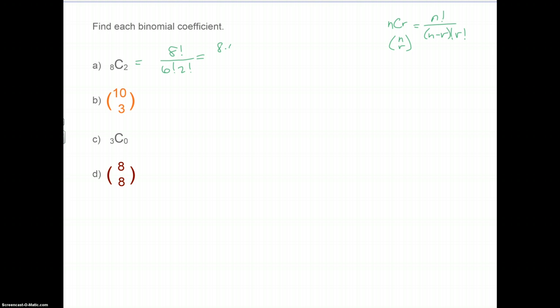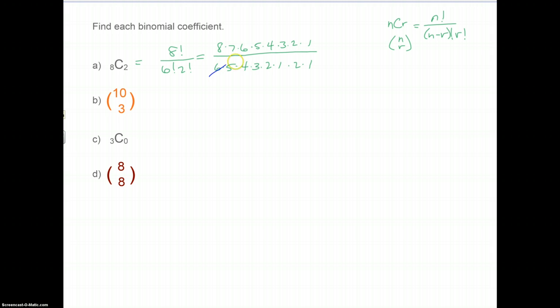This is 8 times 7 times 6 times 5 times 4 times 3 times 2 times 1, divided by 6 times 5 times 4 times 3 times 2 times 1 times 2 times 1 again for the 2 factorial. Now, if I look at this, there's a bunch of stuff that I can cancel.